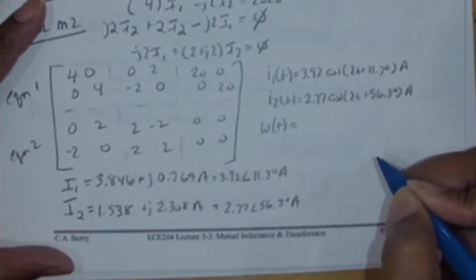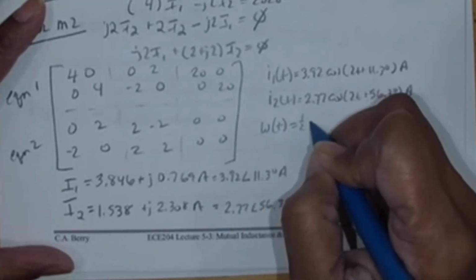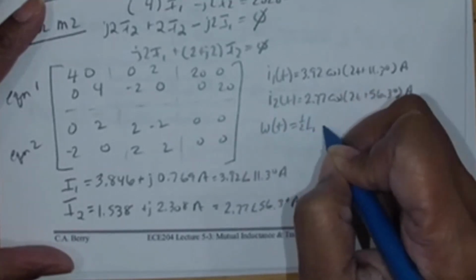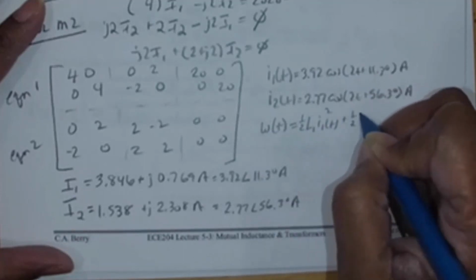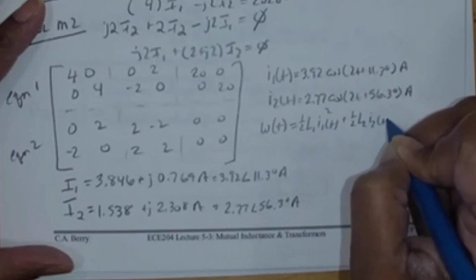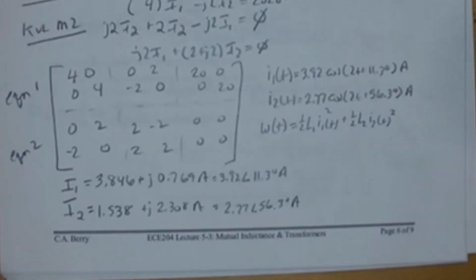So the energy formula is 1/2 L1 I1 of t squared plus 1/2 L2 I2 of t squared, and then it's either a plus or minus M I1 I2. The way we decide is if they both enter or they both leave at the dot, it's positive.